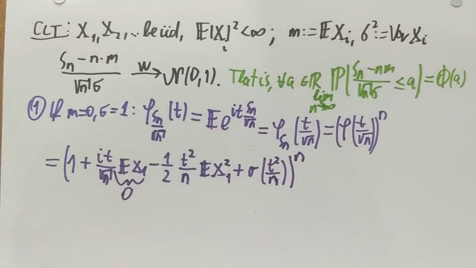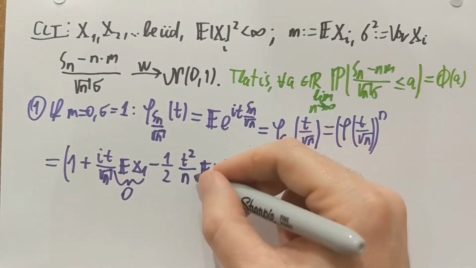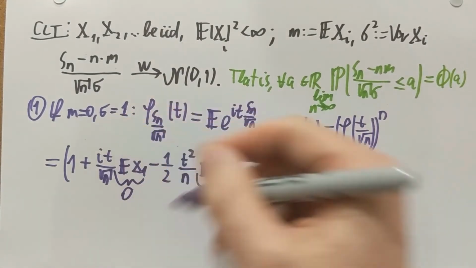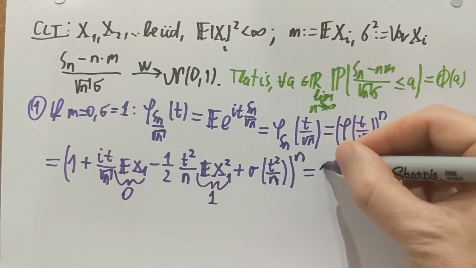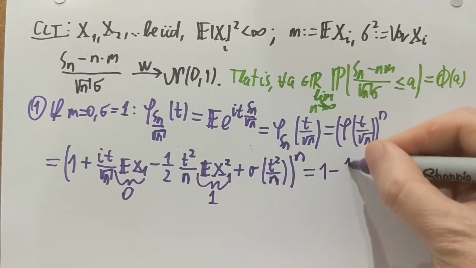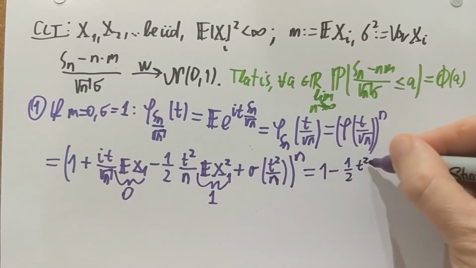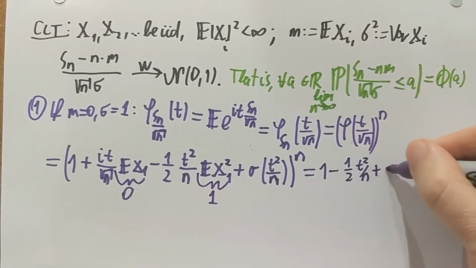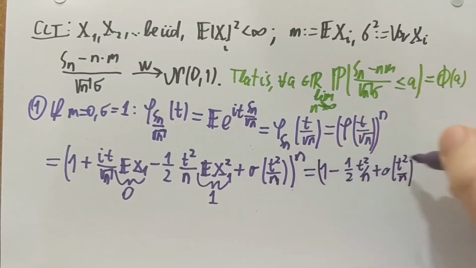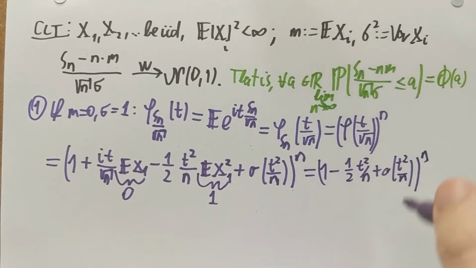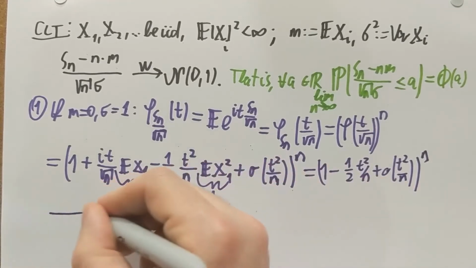If we have a mean 0 random variable, then the second moment is the same as the variance. So this is the variance, which is sigma squared, which is 1. So I'm just having here 1 minus one half of t squared over n plus little o of t squared over n, raised to the nth power. And now what happens is the same as before.